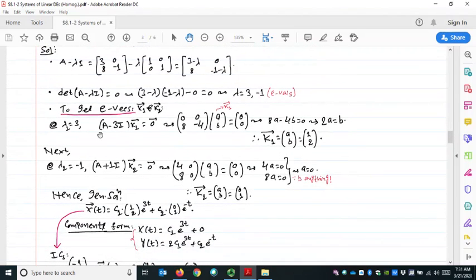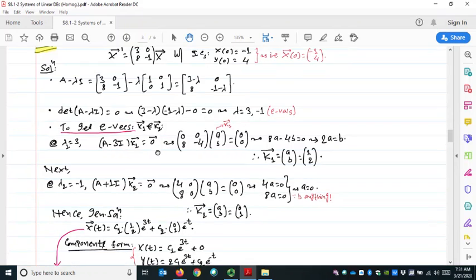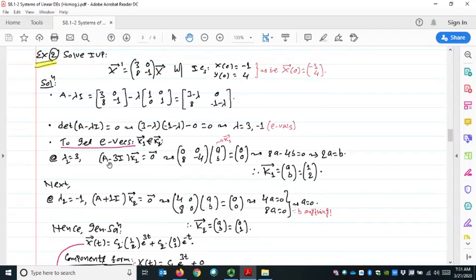Next, find the corresponding eigenvectors for these lambdas. So at lambda 1 equals 3, (A minus 3I) k1 vector equals the 0 vector. Let's solve these equations. So A minus 3I, this is the matrix we obtained from here. So put lambda equals 3. So 3 minus 3 is 0, 8, 0, minus 1 minus 3 is minus 4, and the vector k1, let's assume its components are a, b, and this is the 0 vector with components 0, 0.